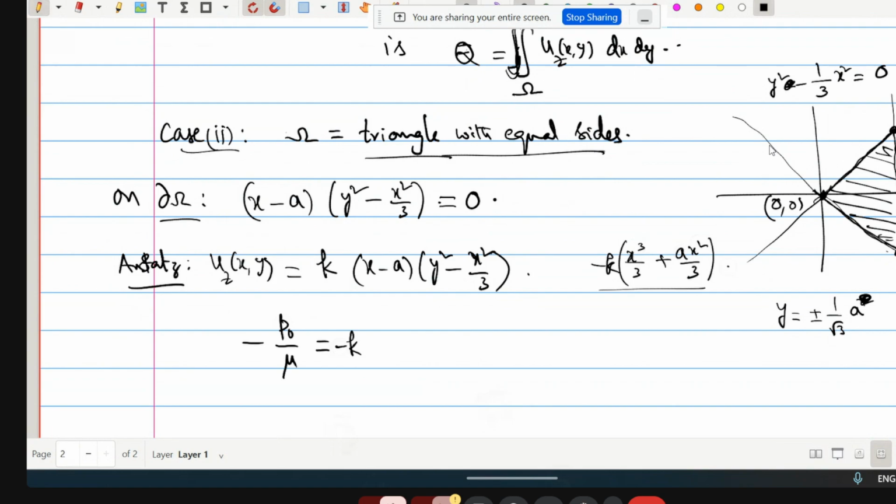If you differentiate, you understand? X minus a into y square, if you do twice differentiation with respect to x, that is 0. And then the other term is minus k into x square minus x square by 3. I multiply x square by 3 with x minus a. That is what will happen. I think I made a mistake, I think there is a minus here.